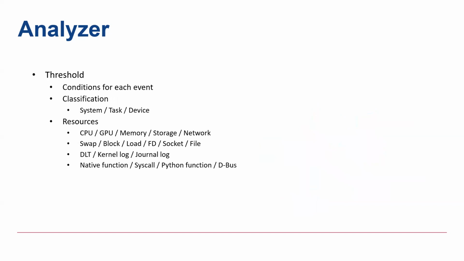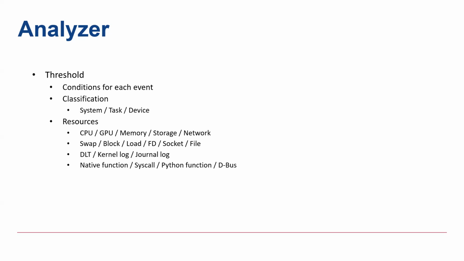In the demo, the occurrence condition of each event is defined as the threshold value of each resource defined in advance through the config file. These events are primarily categorized into 3 units: system, task, and device. System type attributes correspond to system-wide resources. Task type attributes apply to all or specific tasks, while device type attributes pertain to specific storage or network devices.